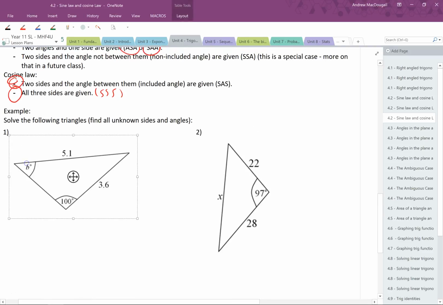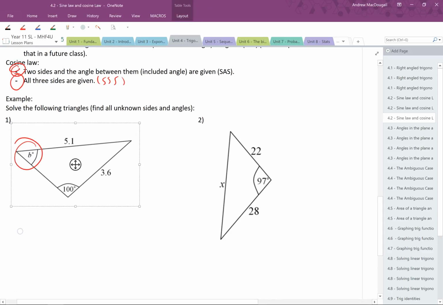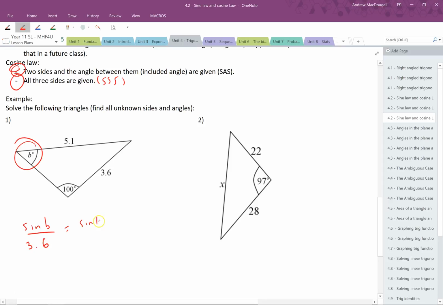So we could use these laws. For instance, here are some non-right angled triangles. Let's pretend we wanted to find this angle, angle B. According to the sine law, the sine of B over 3.6 is the sine of 100 over 5.1.